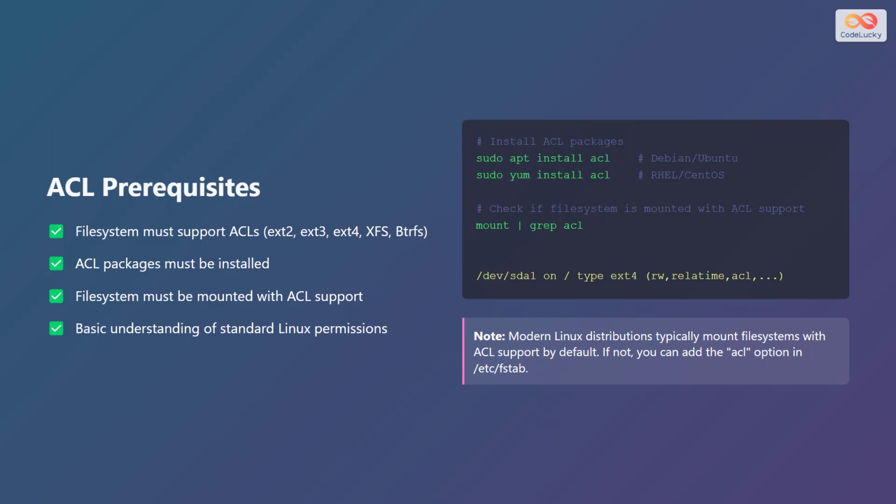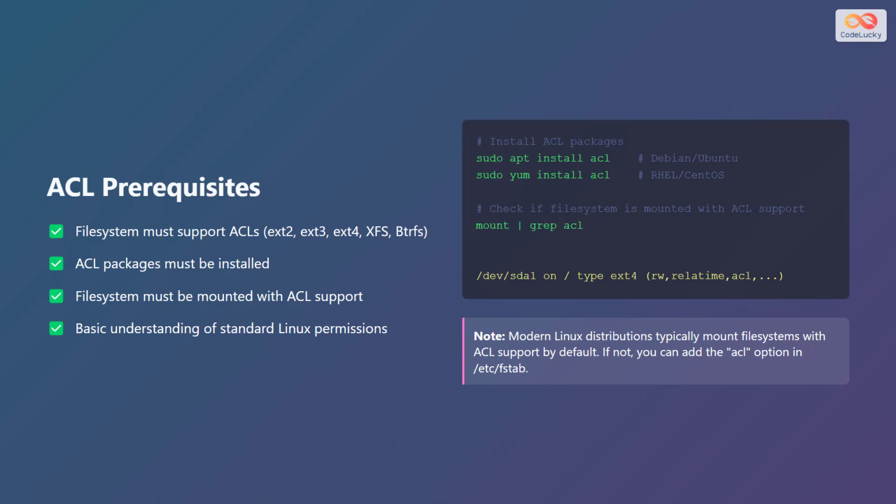Thirdly, the file system should be mounted with ACL support enabled. Most modern Linux distributions enable this by default. Lastly, you should have a basic understanding of the standard Linux permissions model, including read, write, and execute permissions for owner, group, and others.